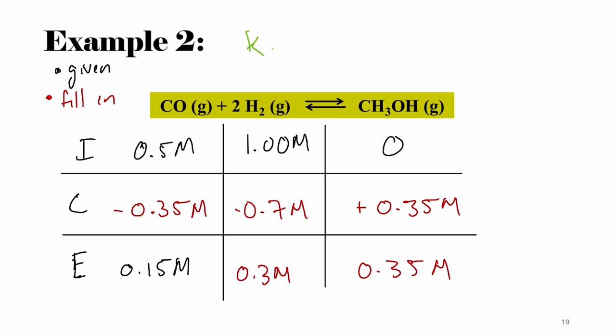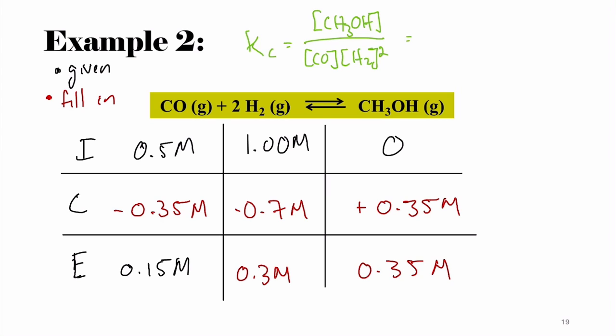And so our equilibrium constant is going to be equal to CH3OH over carbon monoxide times H2 squared, right? So I have to include our stoichiometric coefficient. It's the only one that has a power there.